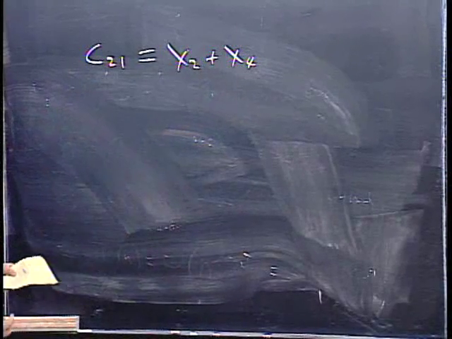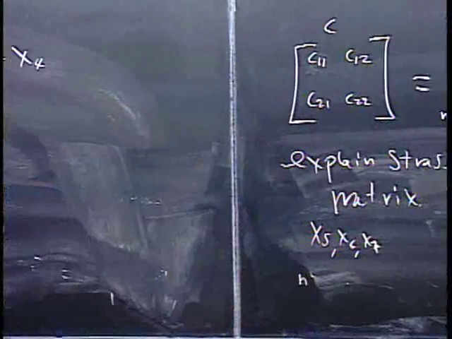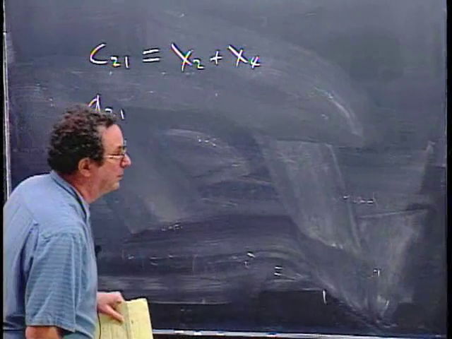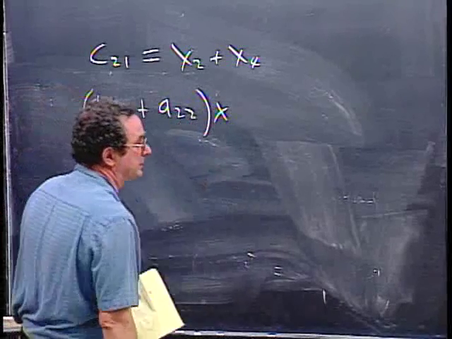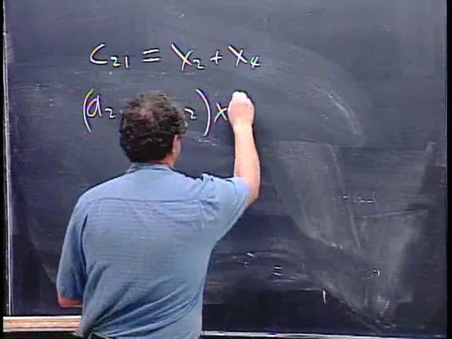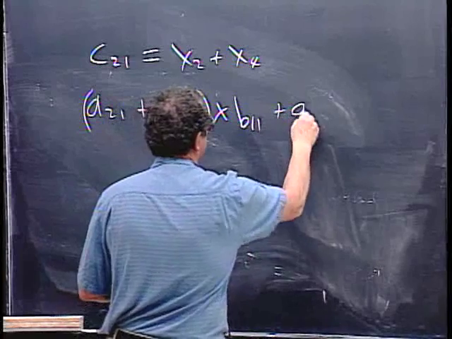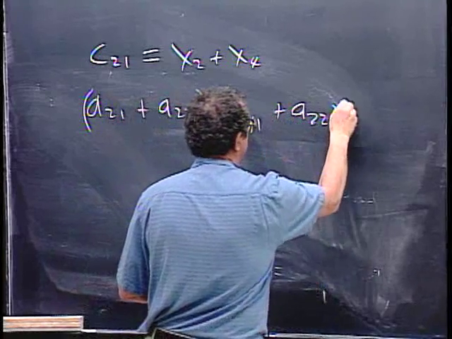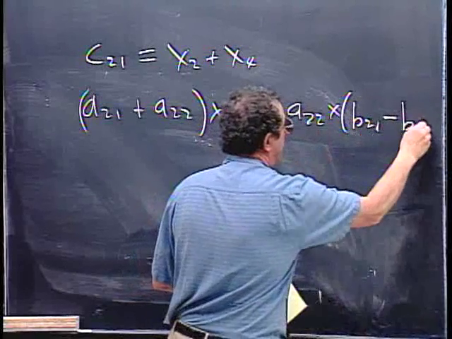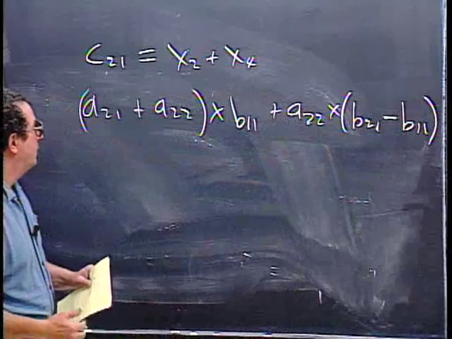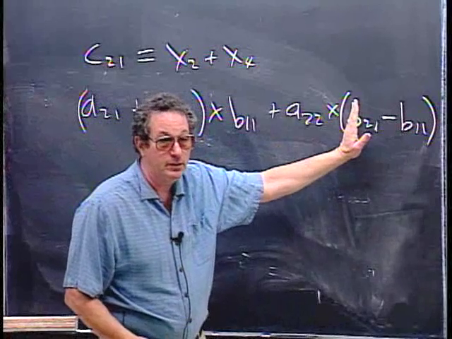Well, let's verify that. X2, according to this, is A21 plus A22 times B11. And X4 is A22 times B21 minus B11.